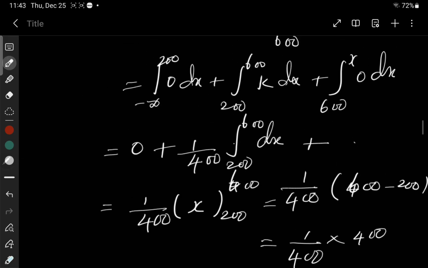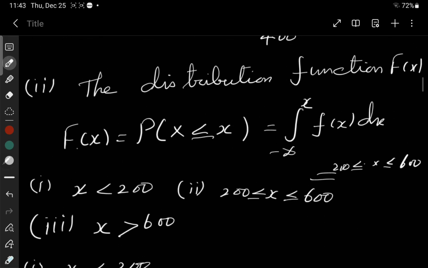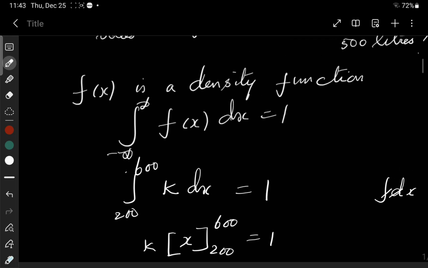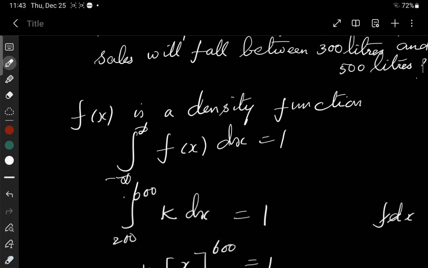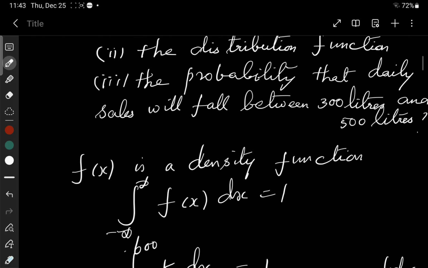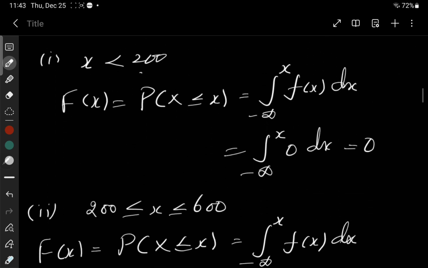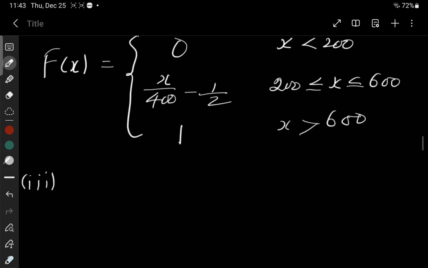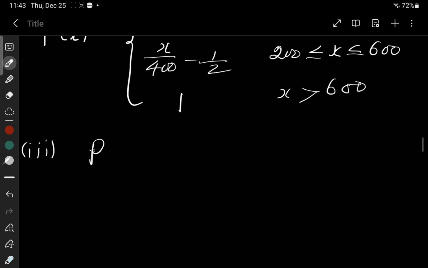See, look at the third question. The probability that daily sales falls between 300 liters and 500 liters. So you have to find the probability where the sales lies between 300 and 500. This is the question.